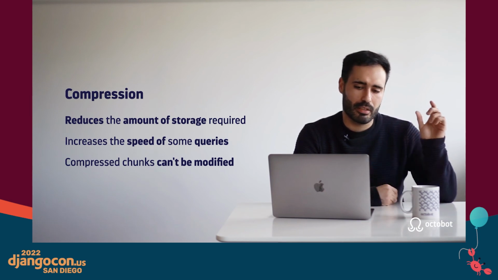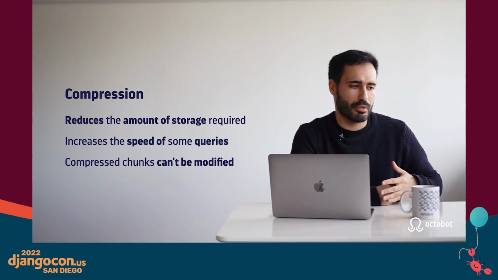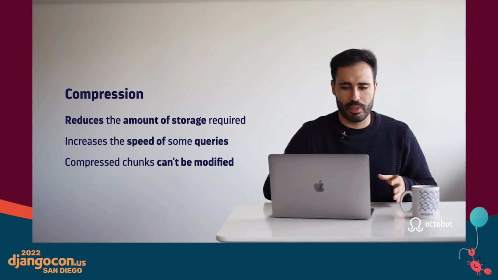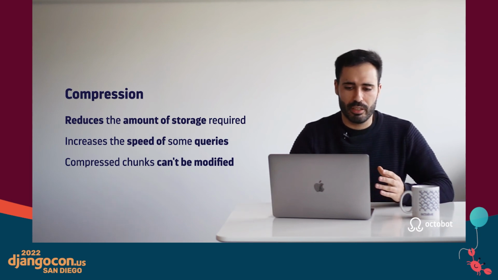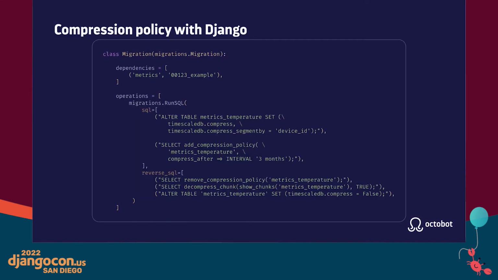One thing to bear in mind is that compressed chunks cannot be modified. So usually you want to compress old data because recent data is usually being modified. If you want to modify a compressed chunk, you will need to manually decompress that chunk. And here is how we would define a compression policy with Django.